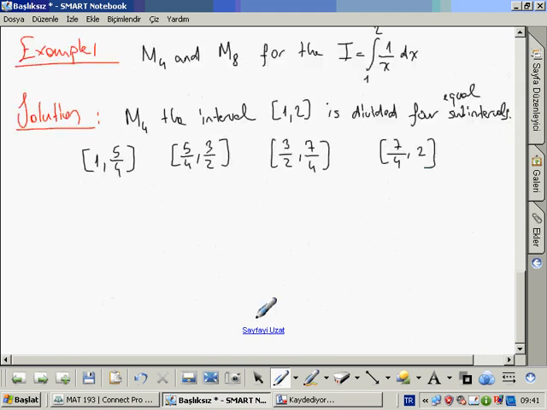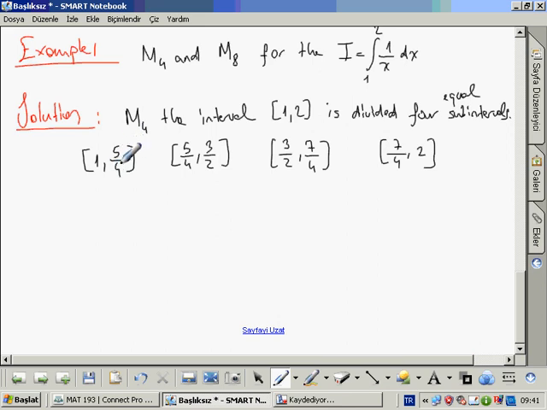These are four equal subintervals, and you choose the midpoints of them.